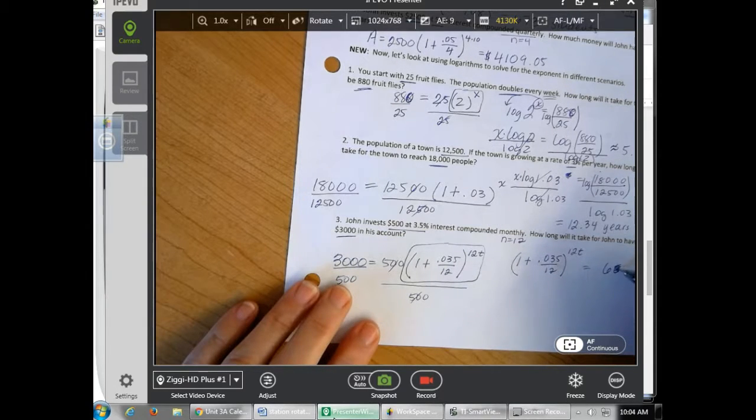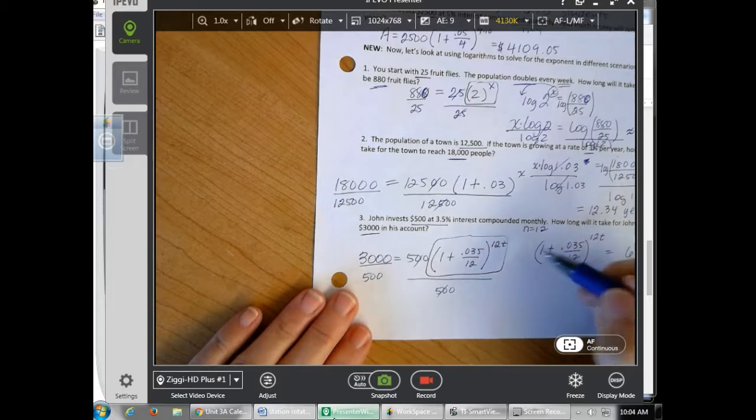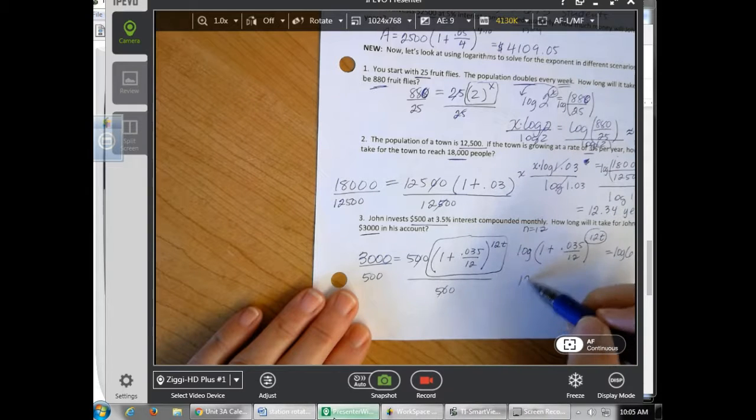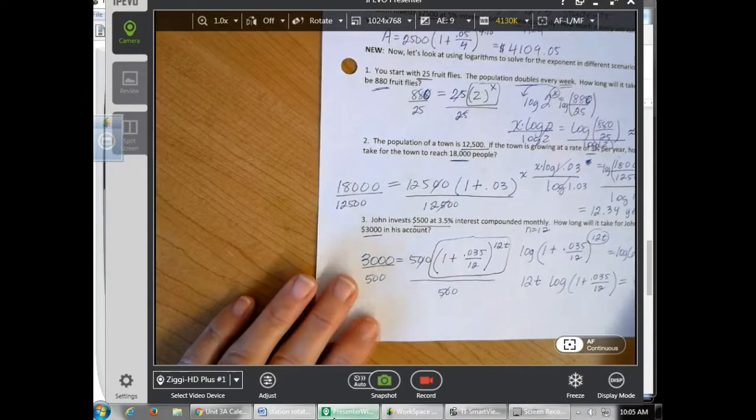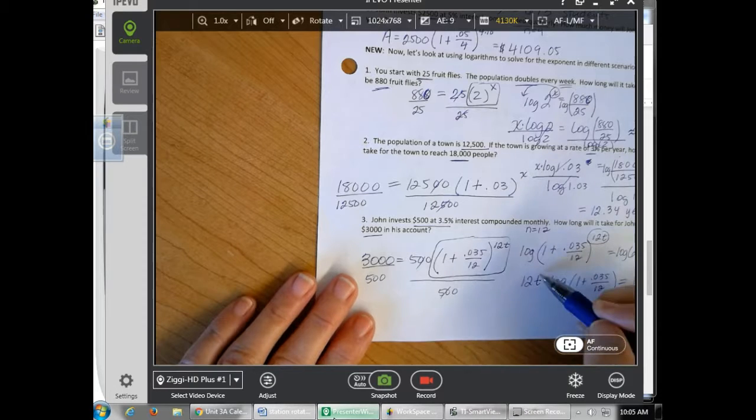Sorry, that should just be a 6 there. So log here and log here. And then the 12t can come out front. So I'm going to have 12t times log of 1 plus 0.035 over 12 is equal to log of 6.